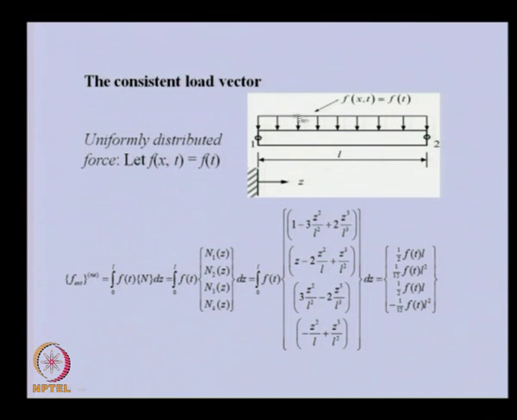For uniformly distributed force, in the finite element method we basically seek the solution at the nodal positions. So, we need to obtain the equivalent of this distributed load at the node positions. This is the equivalent of that. If you sum up the first and third terms, that will give the total load.